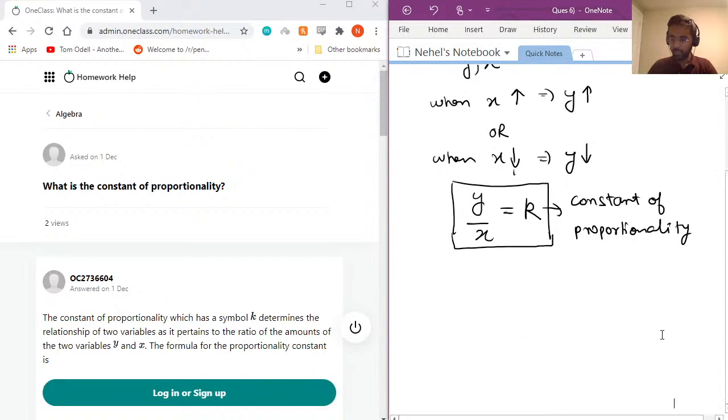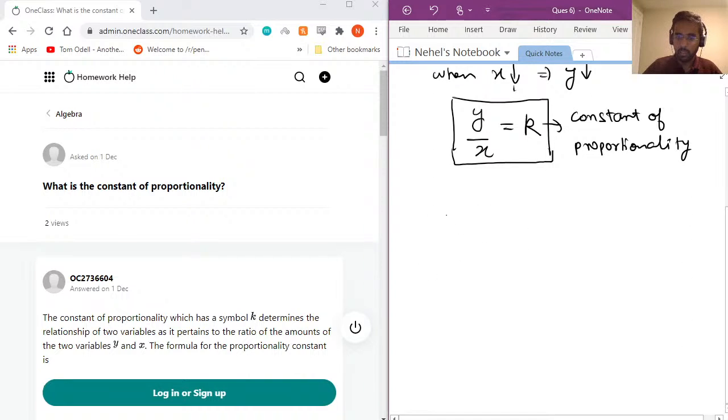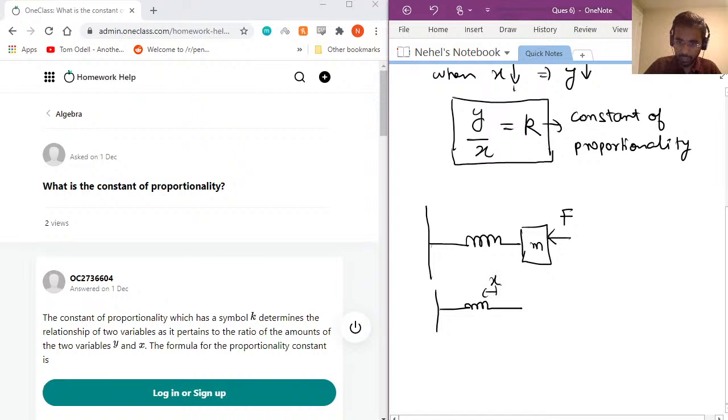If I were to give you a quick example of this, it is when we apply a force to a spring. The spring displaces by some distance x because of the force.